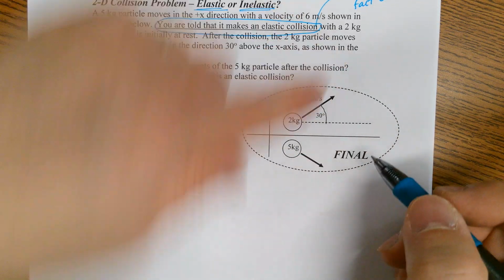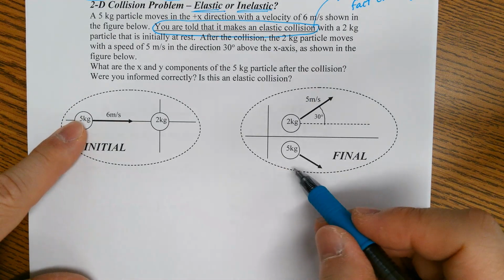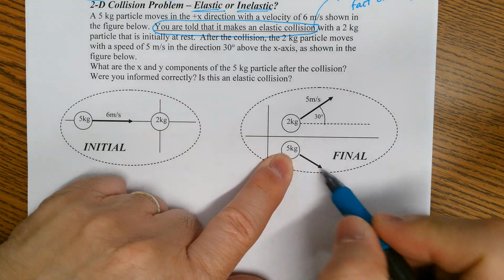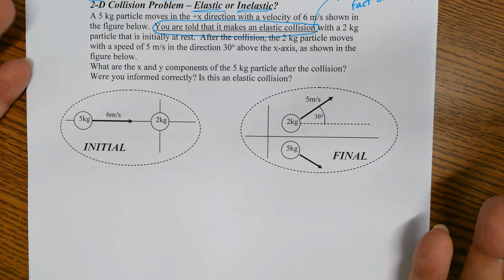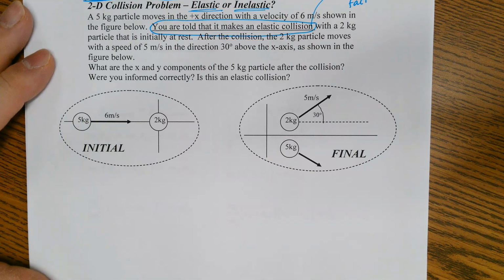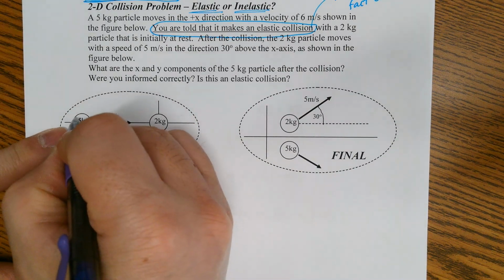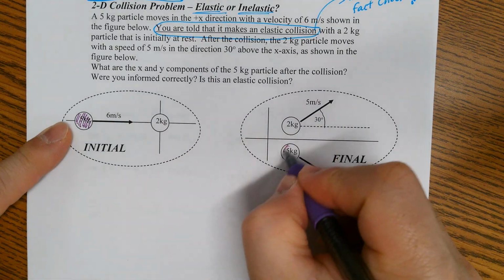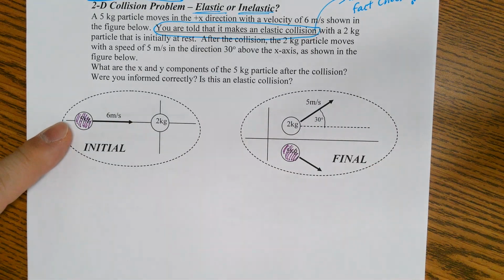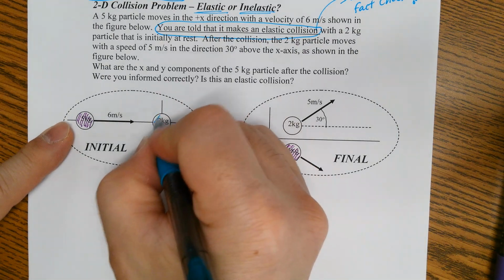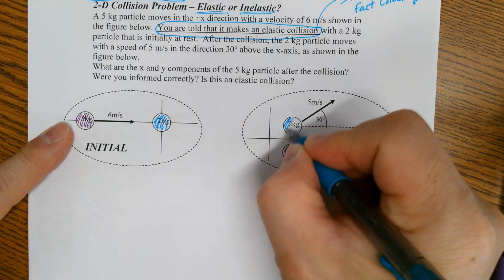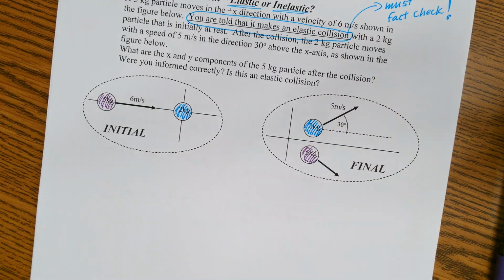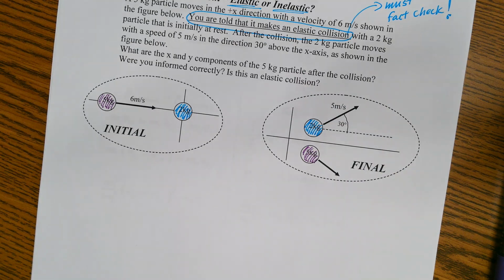And this 5 kilogram, which is the incident ball, goes off at a certain angle that we don't know. I'm going to make the 5 kilogram ball a purple ball so you could see it better, and I'm going to make this 2 kilogram ball an aquamarine blue color.